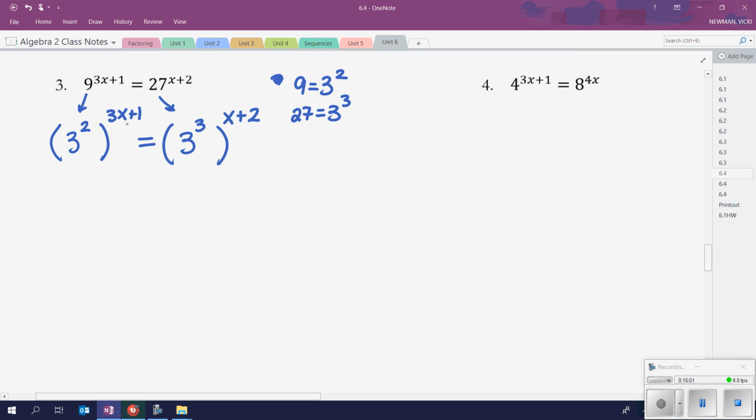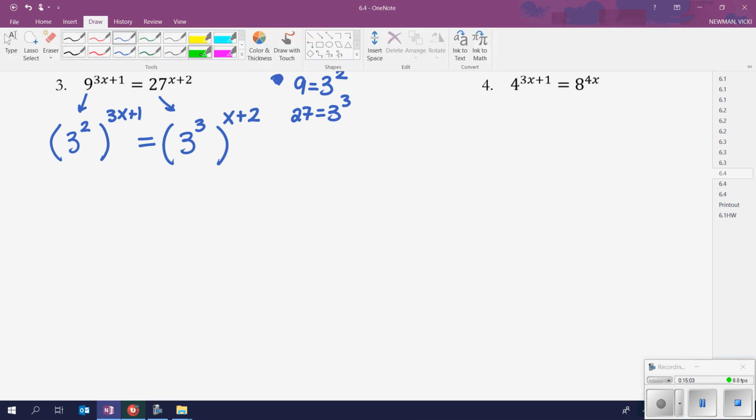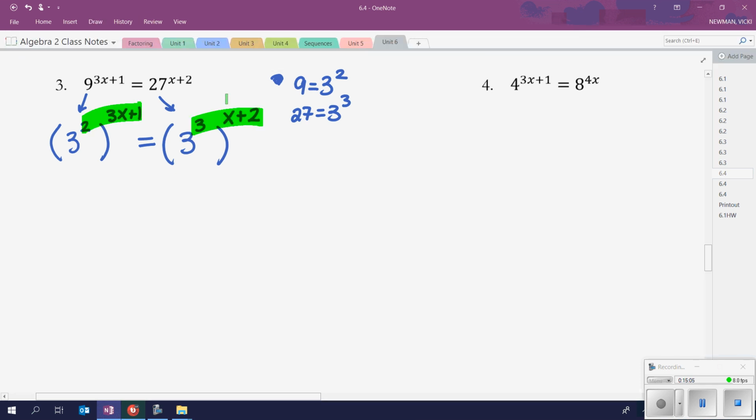So we're going power to a power, multiply the exponents. So I've got 3 to the 6x plus 2 is equal to 3 to the 3x plus 6.